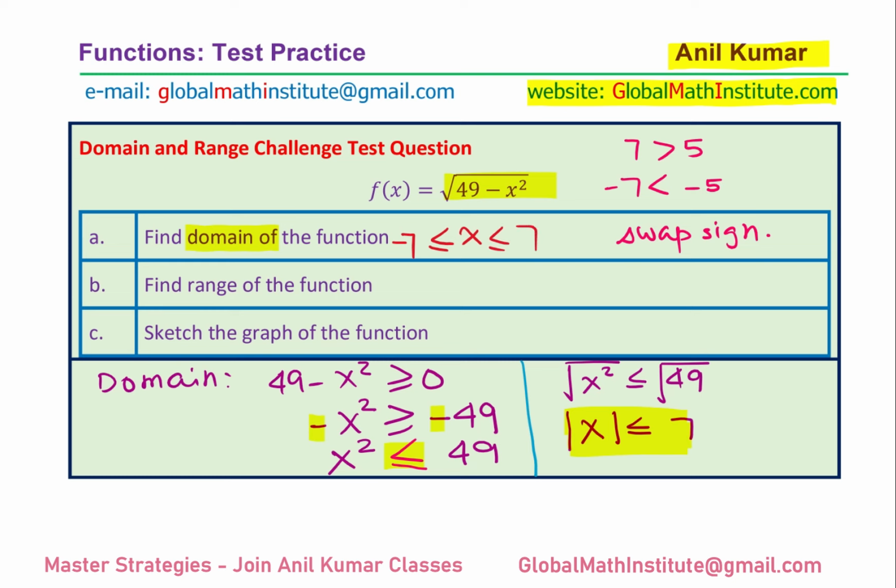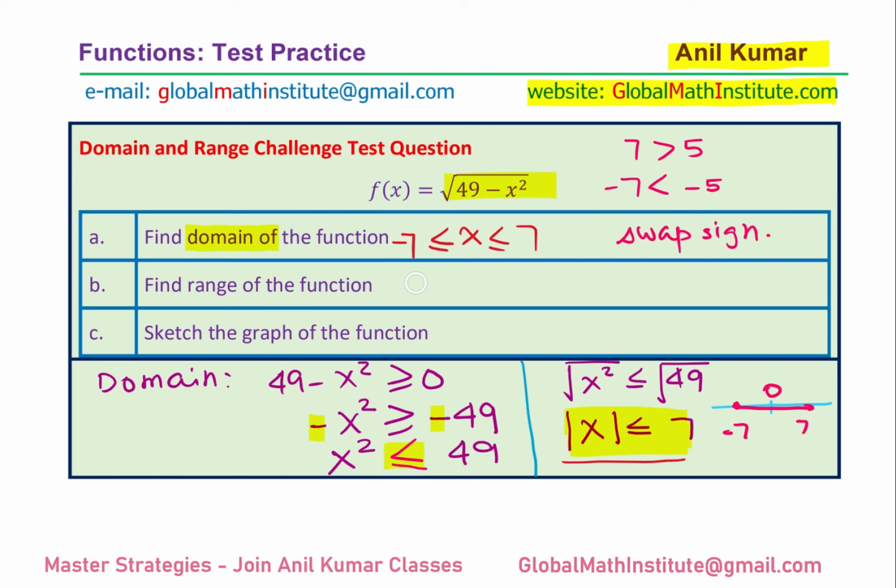So that becomes the domain of this particular function, right? Is that clear to you? Perfect. So on a number line, we are talking about the domain as including the points between minus 7 to plus 7. So that is the domain of this particular function. Clear?